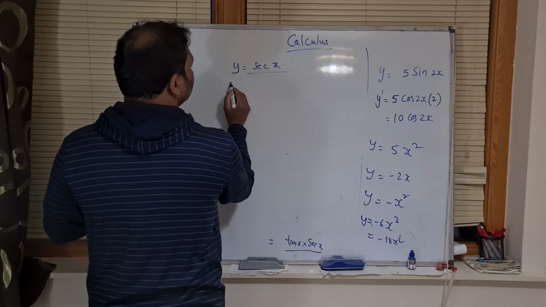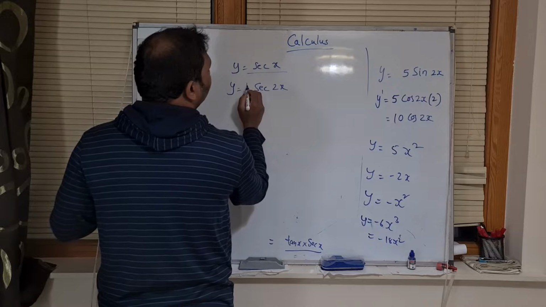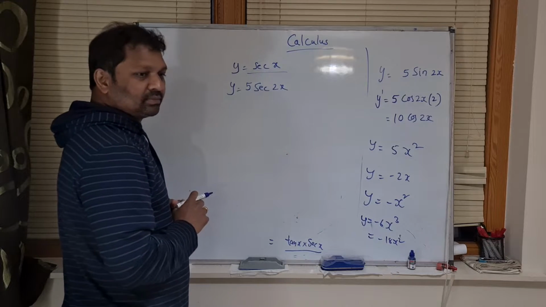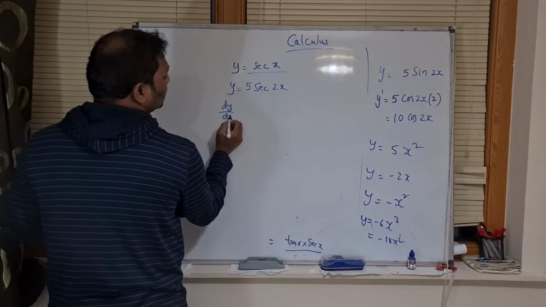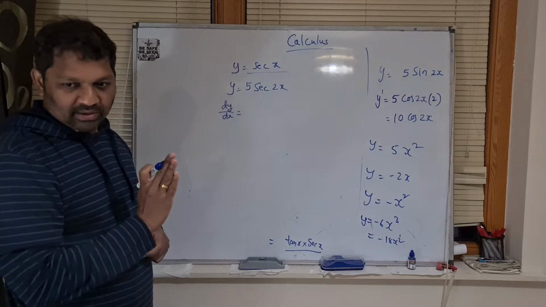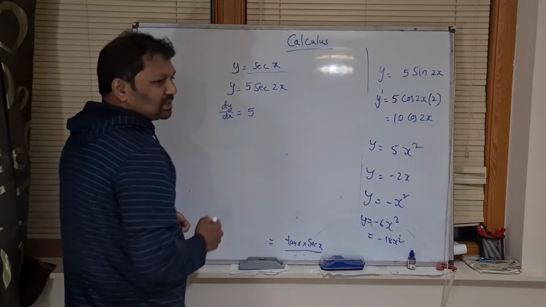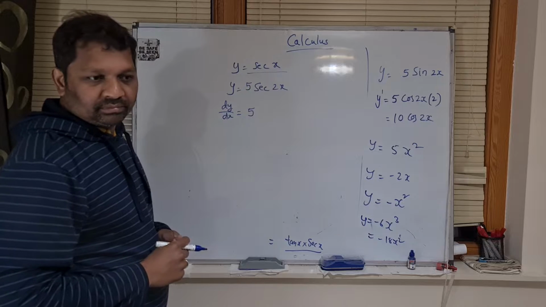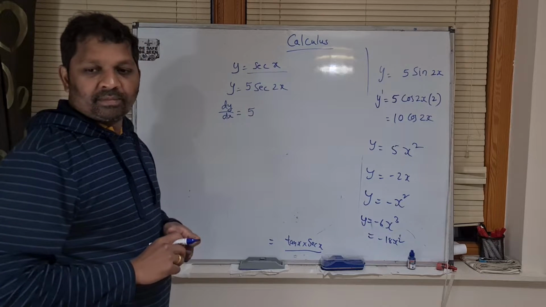Now if you have to differentiate 5 secant 2x, how do we differentiate it? dy by dx is equal to 5, which is a constant coefficient, you can keep it aside, and then the differentiation of secant 2x.